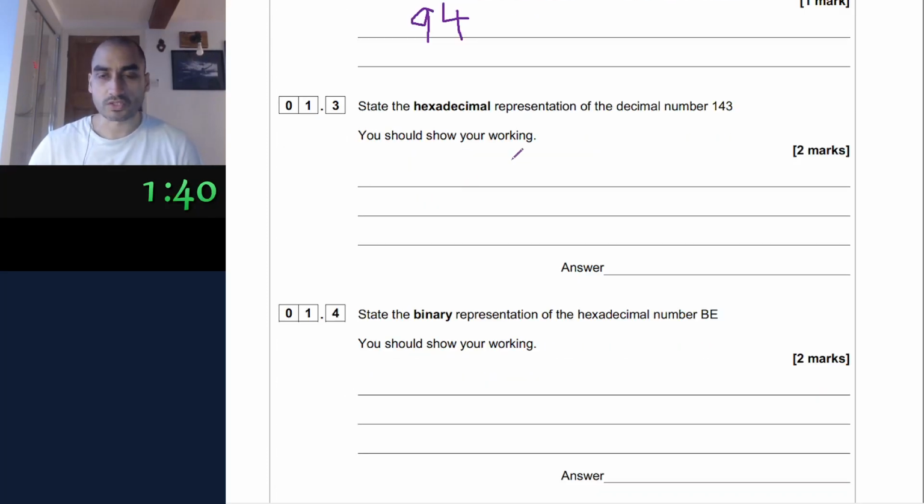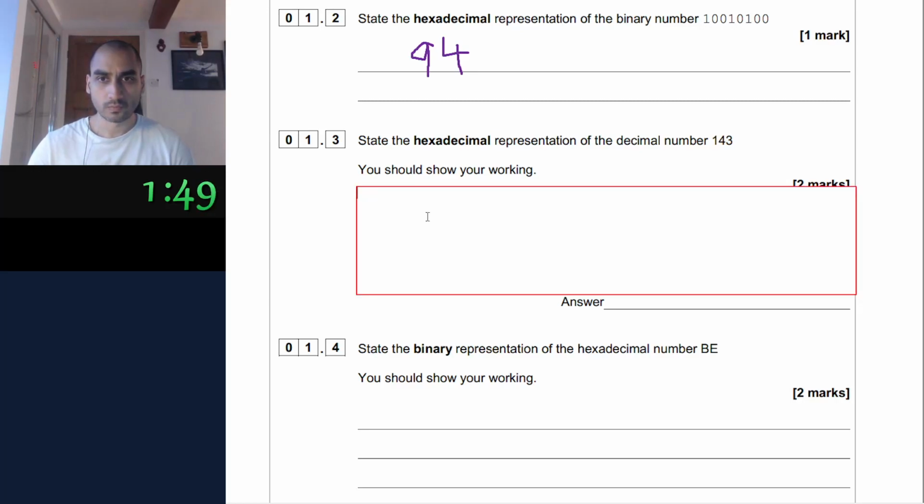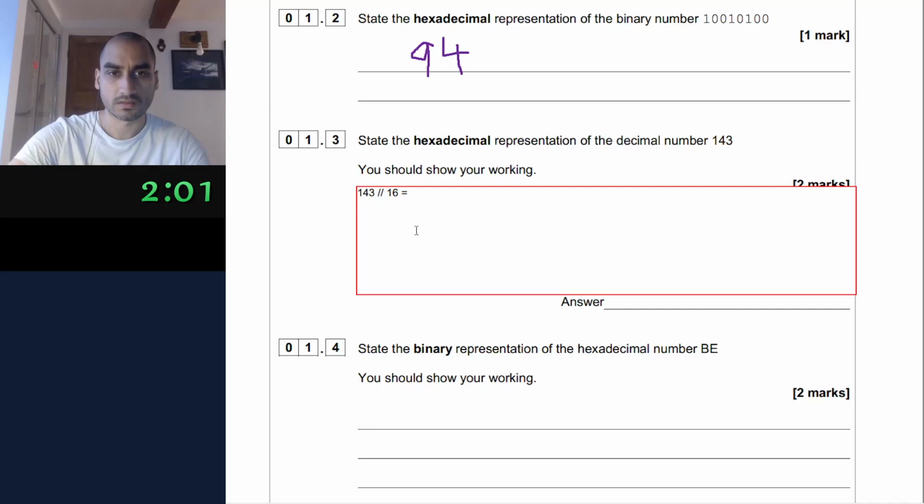State the hexadecimal representation of the decimal number 143. All right, start using the text box here. 143. What did we say before? So it's 143 divided by 16 equals 8, remainder 15. Is that right?